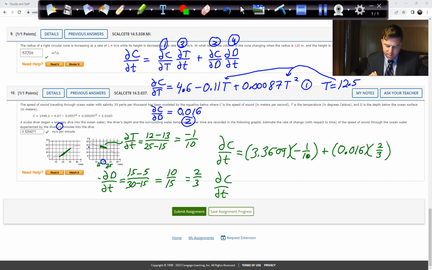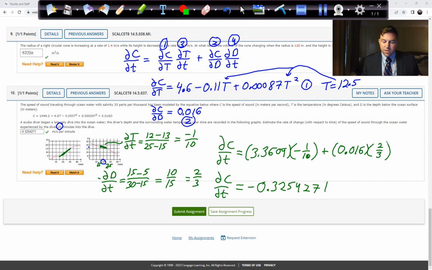This is where that problem stops. Now this problem continues. If you plug all this in, you should get a number like negative 0.3254271. And I don't know why they didn't tell us to round to some number. I wish they would have. But I plugged in all those digits and it just works, so that's great.